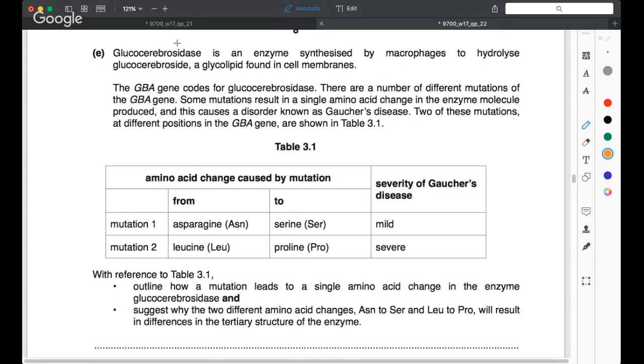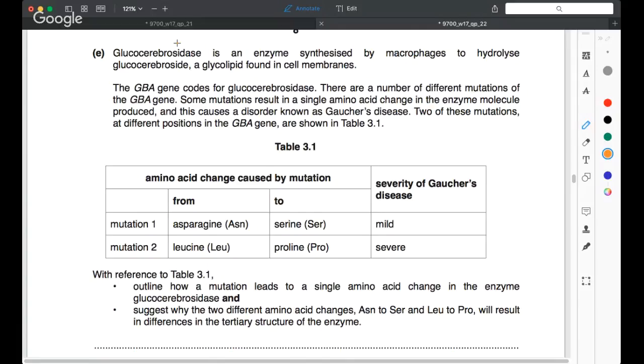Because the R group of ASM is different to that of SER, which creates different attractions between the R groups in the polypeptide, which creates a different complex structure of the molecule.